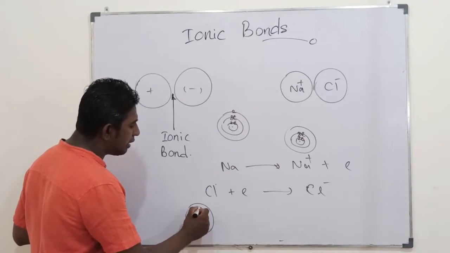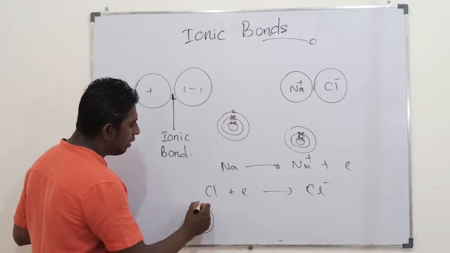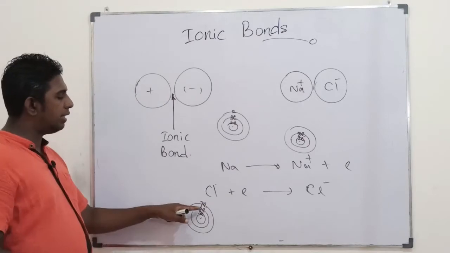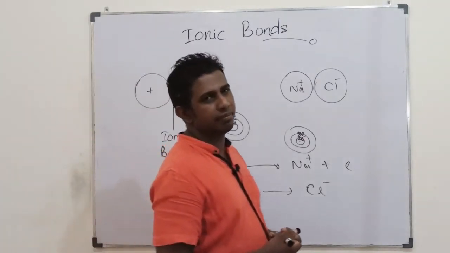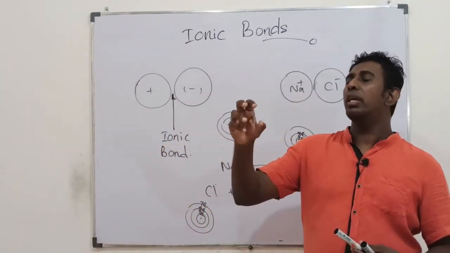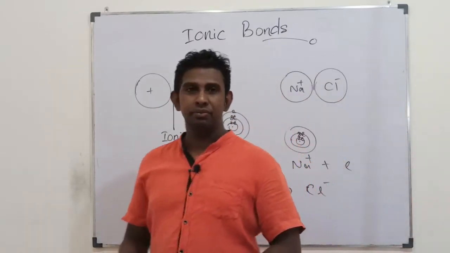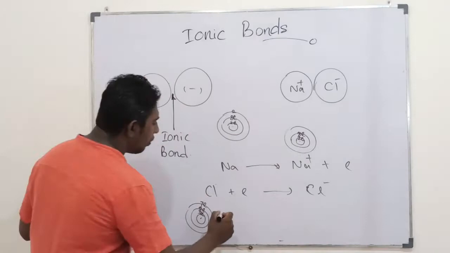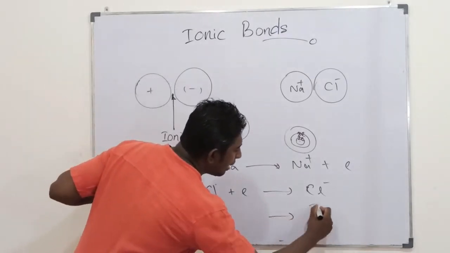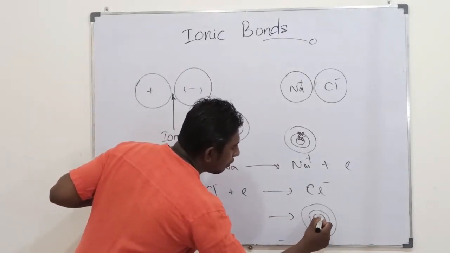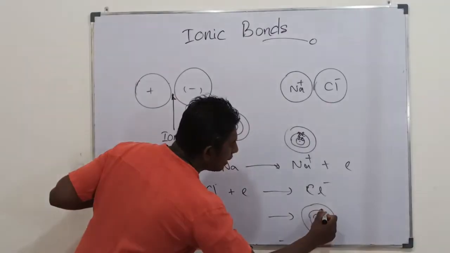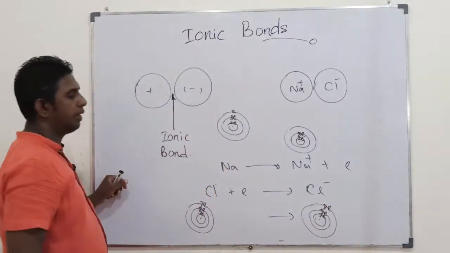So the 17 electrons are arranged as 7 electrons in the outermost, 8 in the second and 2 in the first. Chlorine is very close to reaching an octet. So this chlorine would gain an electron, becoming an octet in its outermost shell: 2 electrons, 8 electrons and 8 electrons.